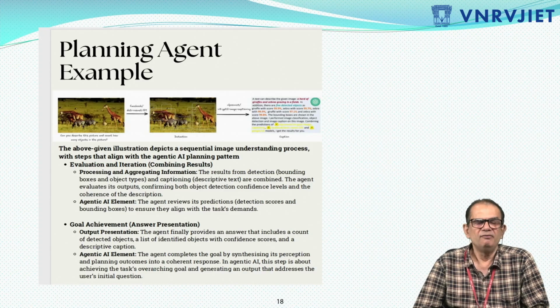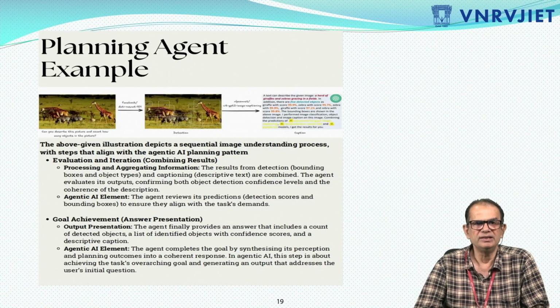But we may also need to iterate. In this case, we go ahead and try to iterate the task so that we achieve and refine the task that we are supposed to achieve.